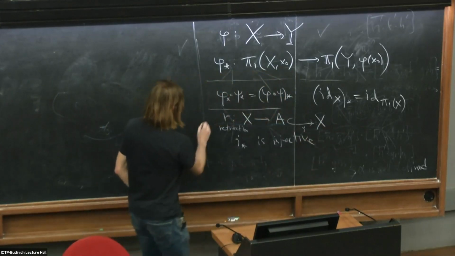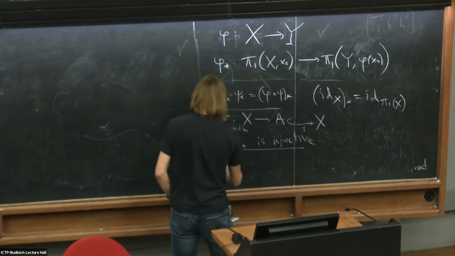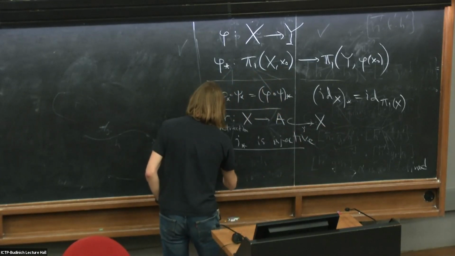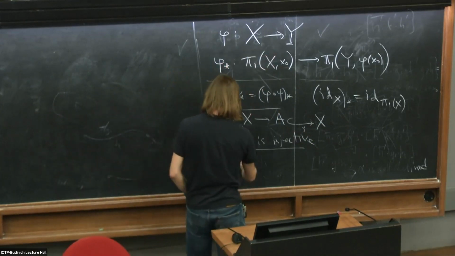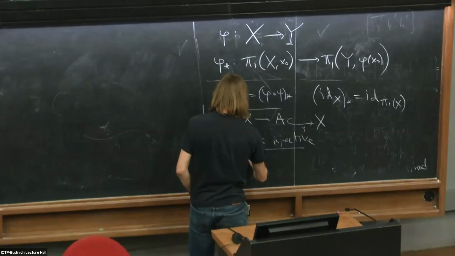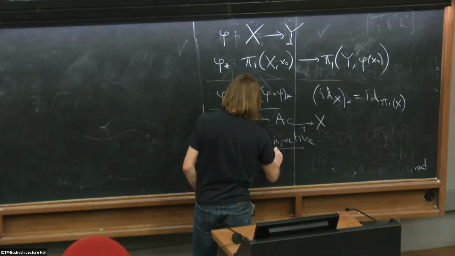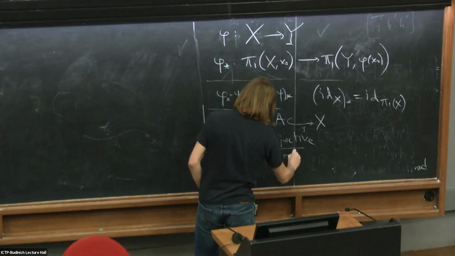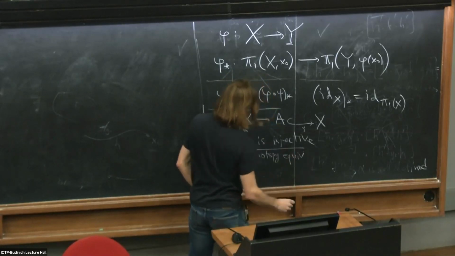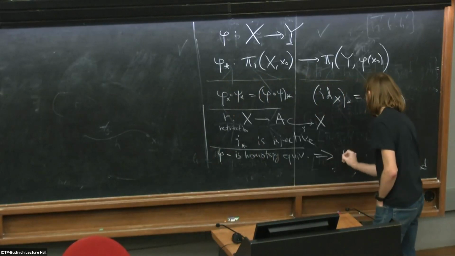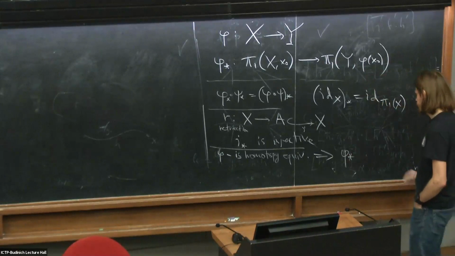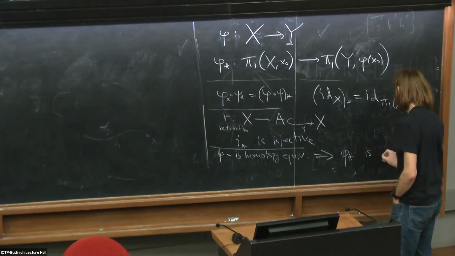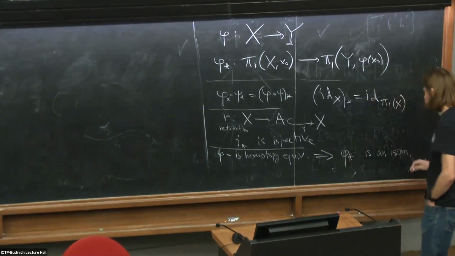And we also showed that if phi, a map from X to Y, is a homotopy equivalence, then the corresponding push forward is an isomorphism between the fundamental groups.